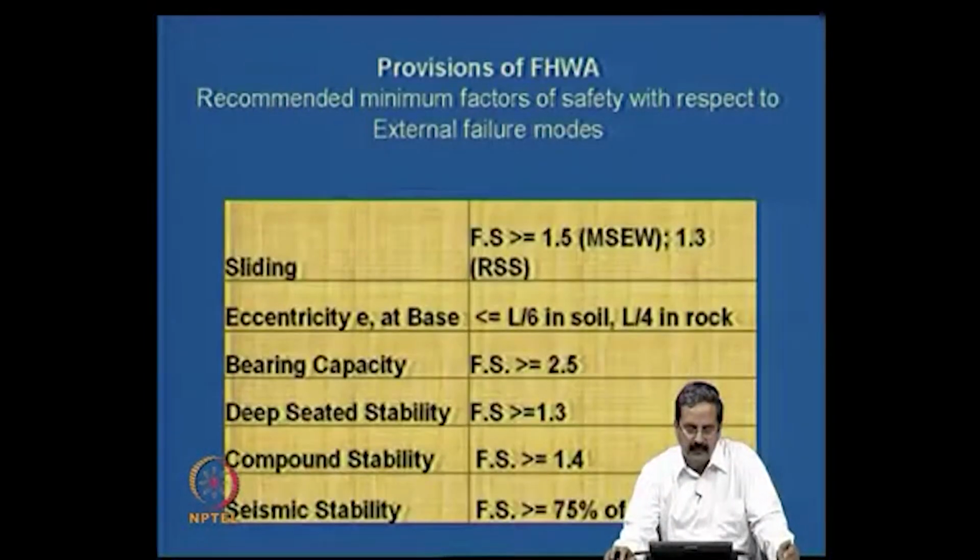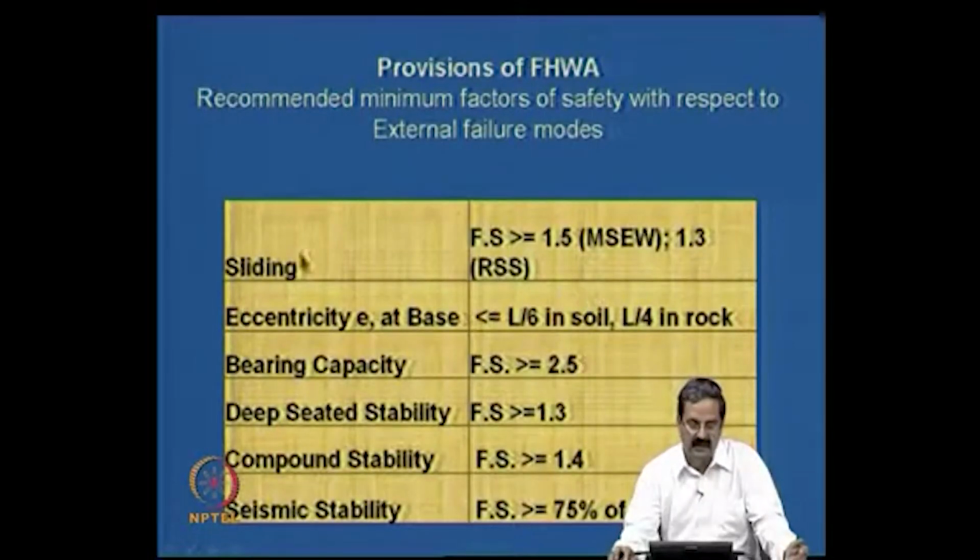So some more information that we already saw with reference to the example: what should be the factors of safety. Here, MSEW means mechanically stabilized earth walls. Okay, this is a standard terminology that they use. The factor of safety has to be more than 1.5, and 1.3 in the case of reinforced soil slopes.